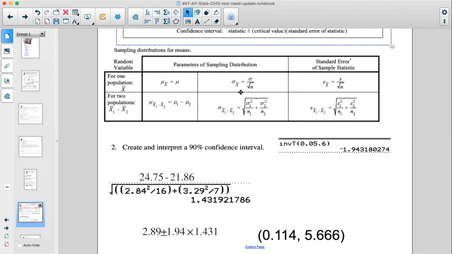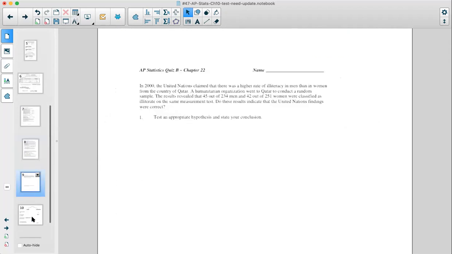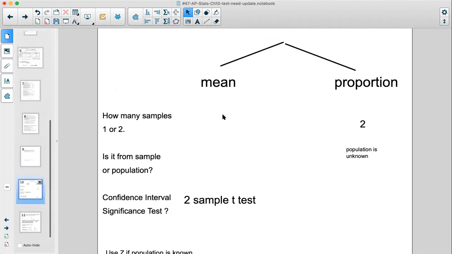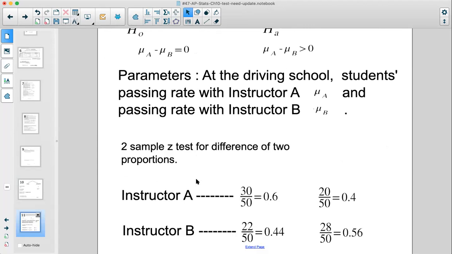I will just pause the video here, and you can move on, and you might have a formula sheet yourself, so take a look. If there is a mean and proportion, just go through the proportion here, and instead of the t-test for the mean, we're going to go through the z test. Okay, so that's the first section of the video.